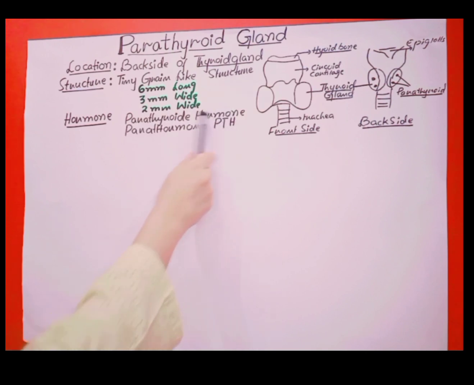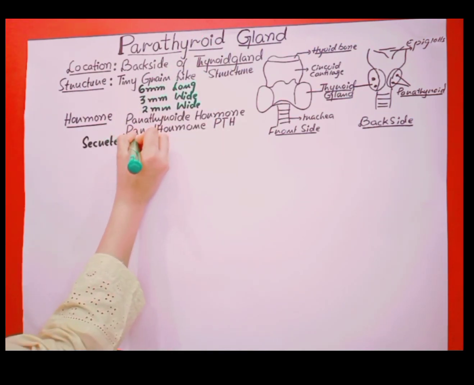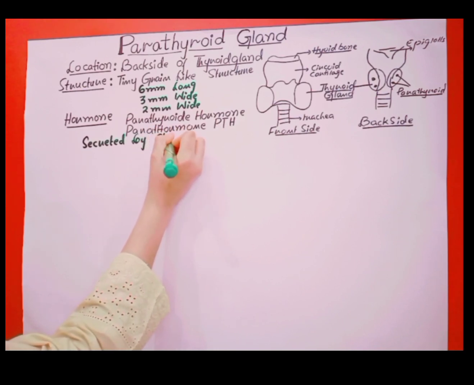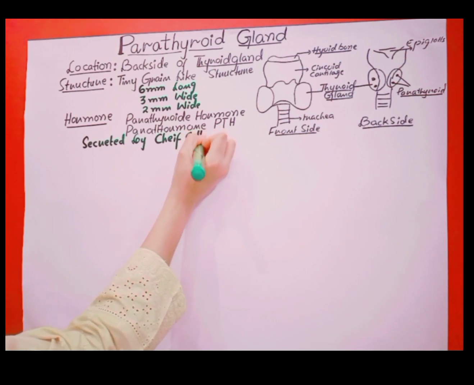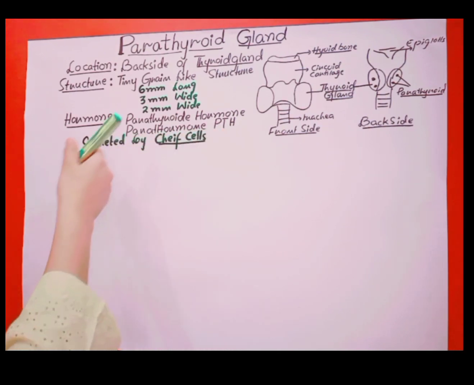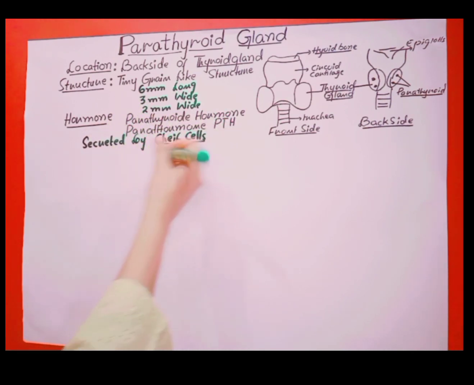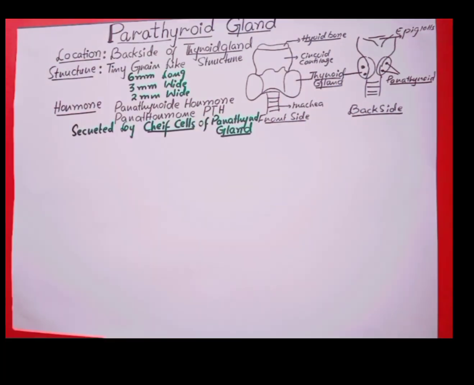This parathyroid hormone is produced by the specialized cells of the parathyroid gland, called chief cells. So PTH or parathormone is secreted by the chief cells of the parathyroid gland.